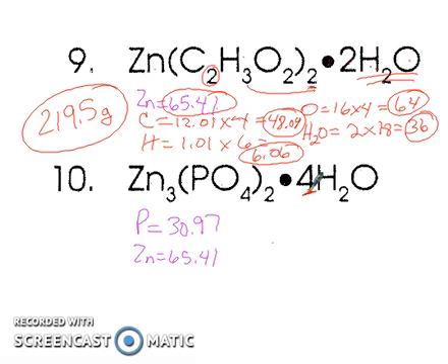So zinc, there's 3 zincs, so we would multiply zinc by 3. There are 2 phosphoruses. Each oxygen weighs 16, and there are 8 oxygen. And then we have 4 waters.